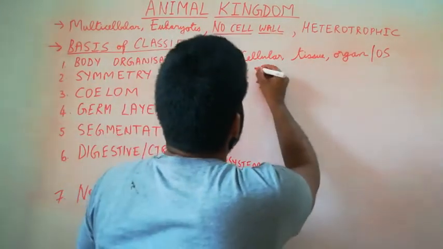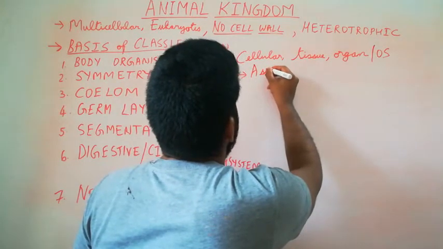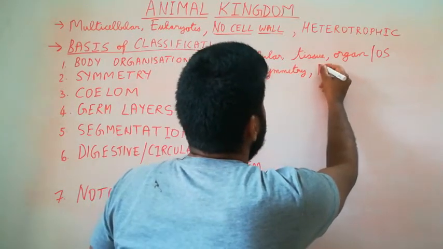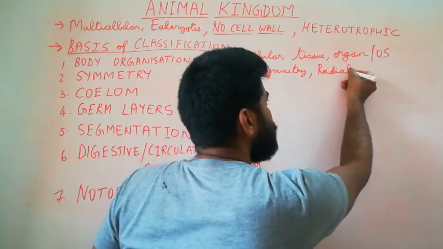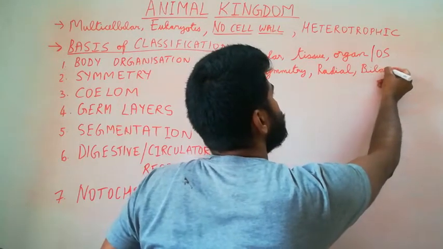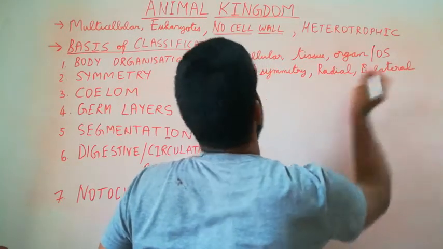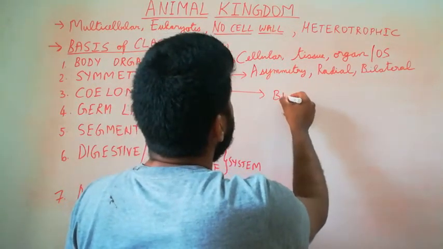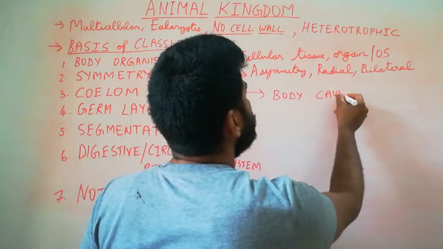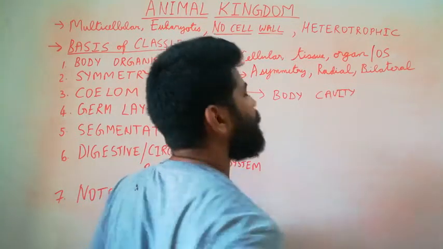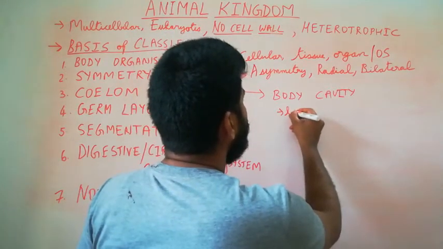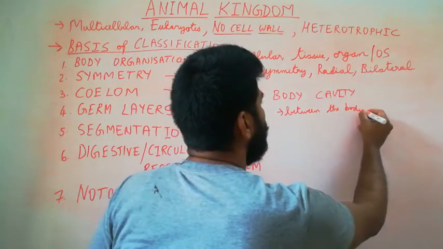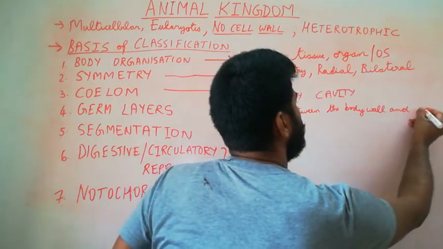We can also classify the organisms based on the presence or absence of coelom. Coelom is a body cavity which can be seen between the body wall and the gut.